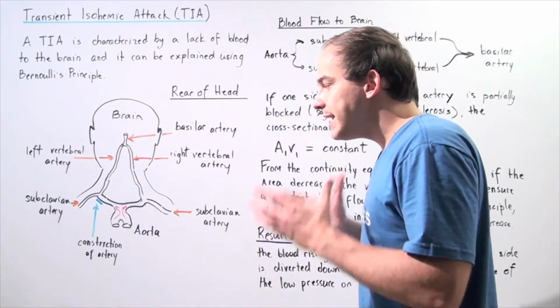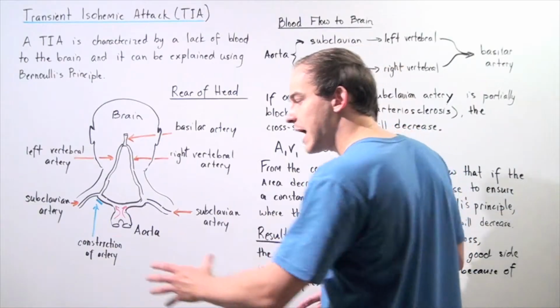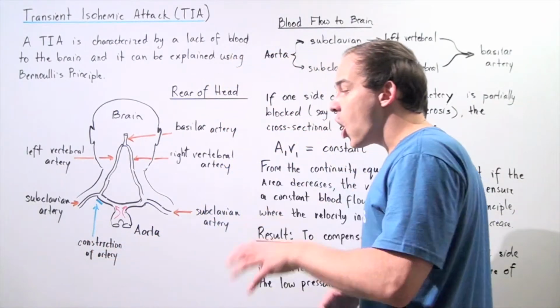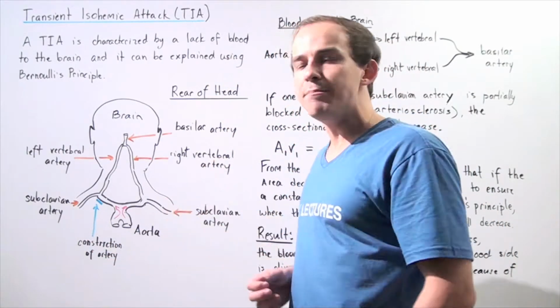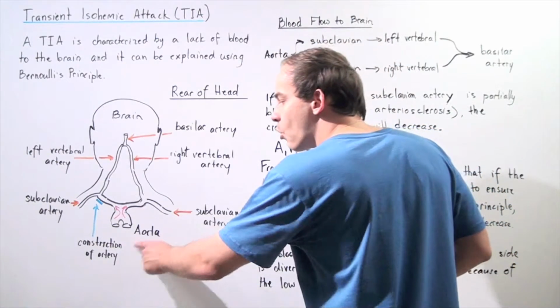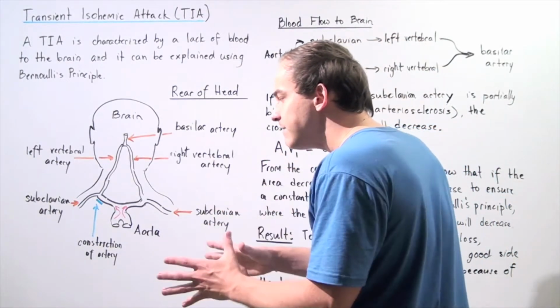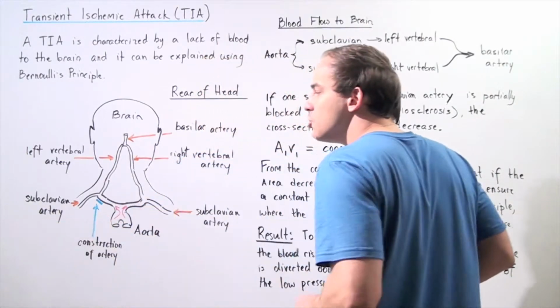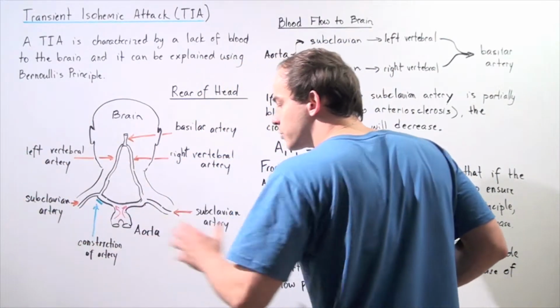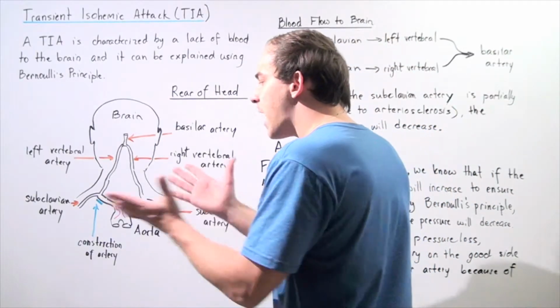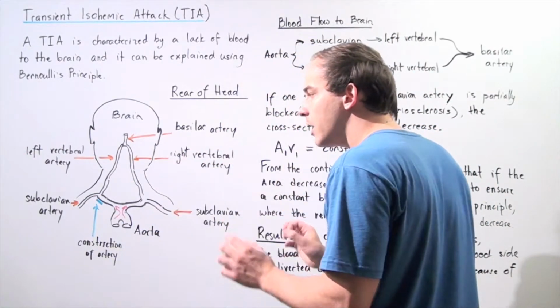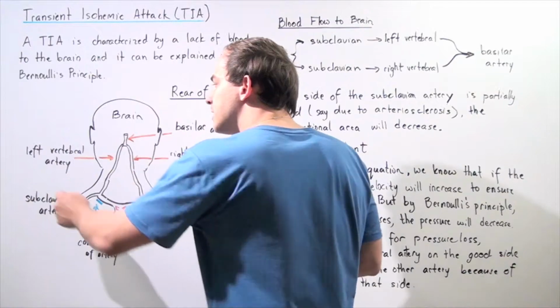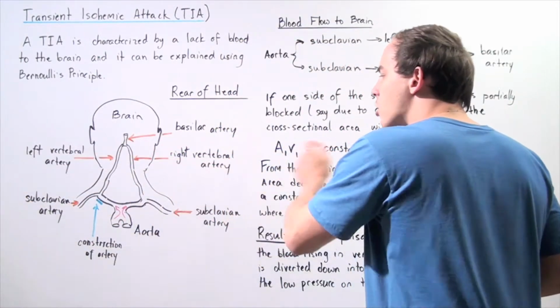So the blood begins within the heart, which is found in this region. And the heart pumps the blood into a blood vessel called the aorta. And from that blood vessel, it deviates into the following two arteries known as the subclavian arteries. So the blood further divides, and some of that blood goes up to the brain via the left and right vertebral arteries.